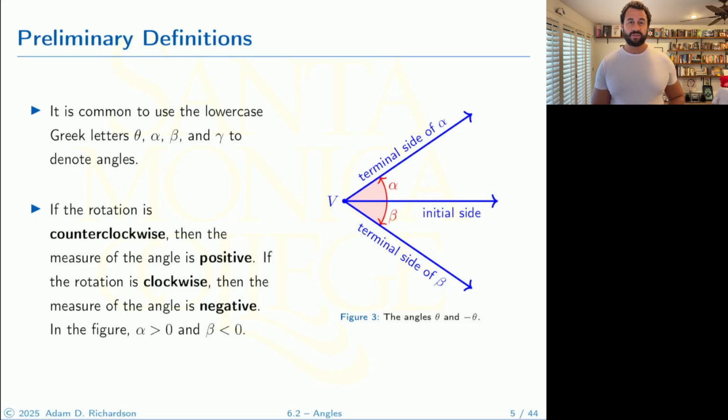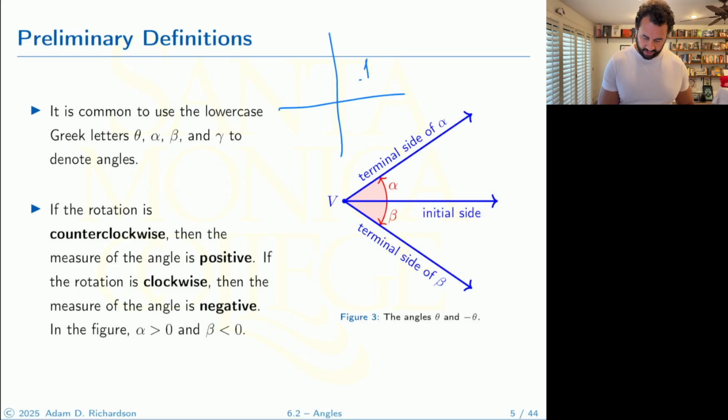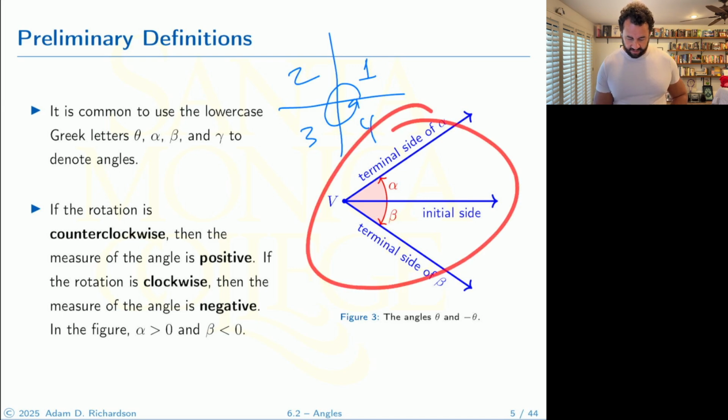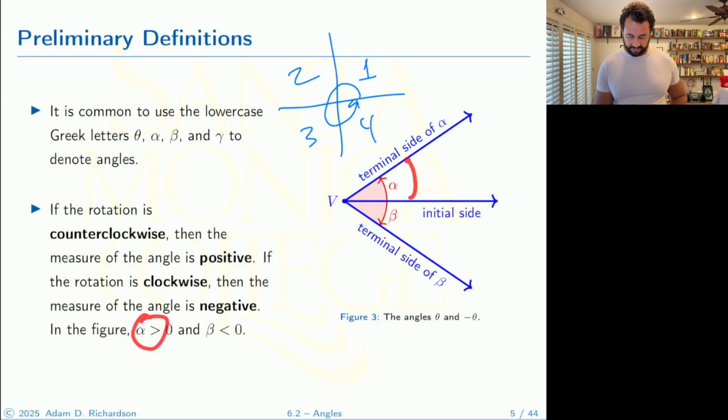The reason for that is just the way that we order the quadrants. You know, it goes like one, two, three, four. Maybe I'll just sketch it out real quick. Right, this is quadrant one, two, three, four. And so that's why the angles are positive when they're measured counterclockwise. That's the idea. So on this figure that you see right here, the angle alpha is positive and the angle beta is negative, just like so.